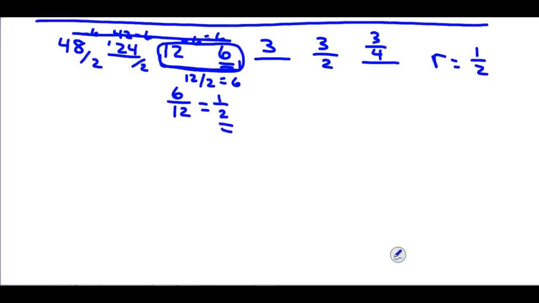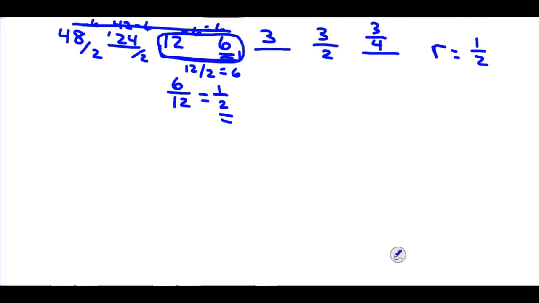So let's create another example of a geometric sequence that's just going down. We'll go with, give me a number. 52. I like 52. We'll go with 52.